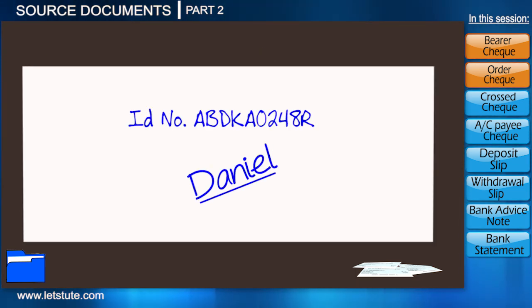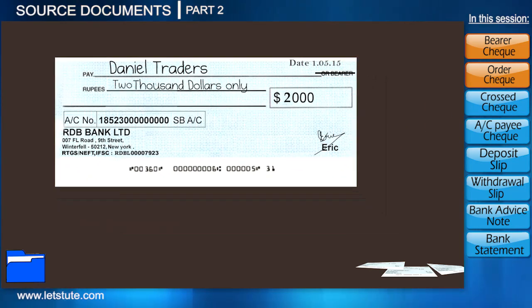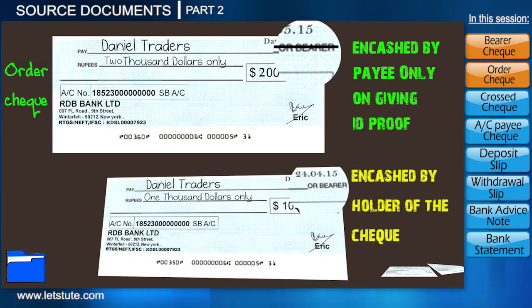So the ID number and the named payee's signature will be asked for on the back of the check. So this means that the bank will make sure that the check goes to the payee. So that is the difference between the order check and the bearer check.